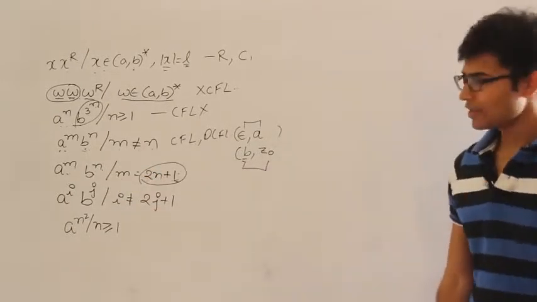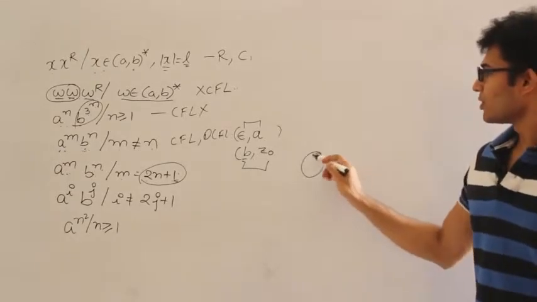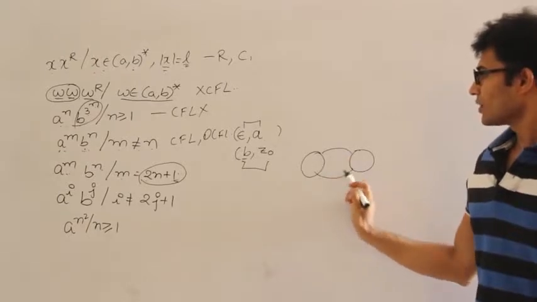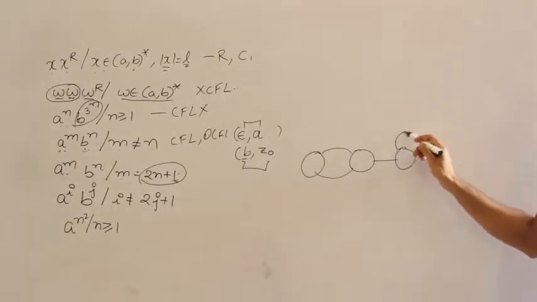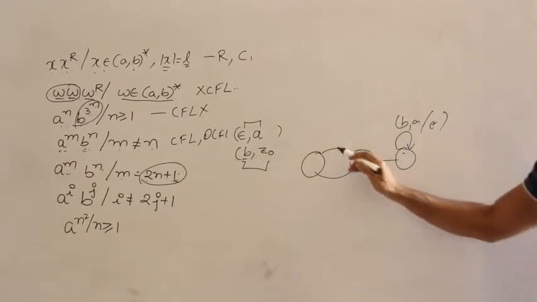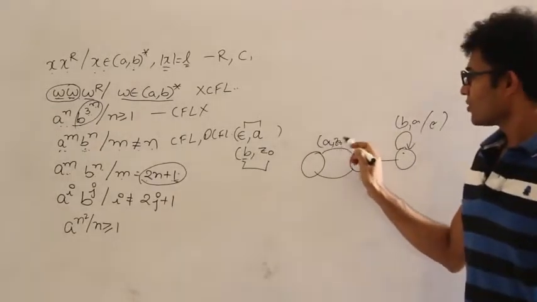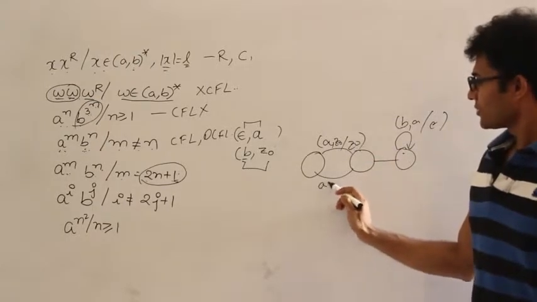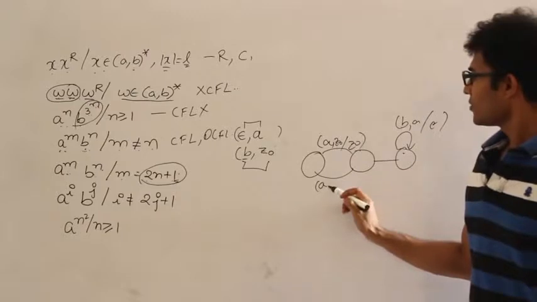In the reverse order, you can put a loop for a's, and for every 2 a's you can push 1 a, and for every b you pop 1 a. For the first a you need not push anything, leave it, and for the second a you can push, right?